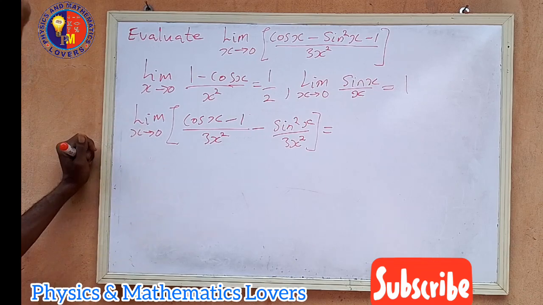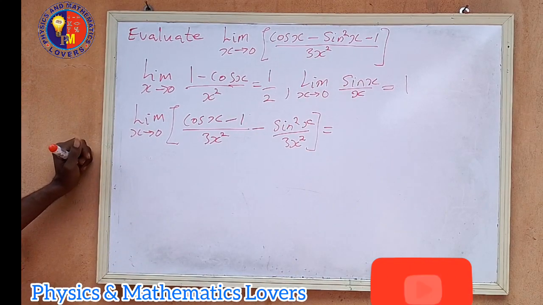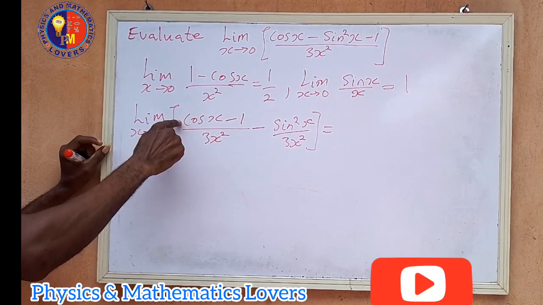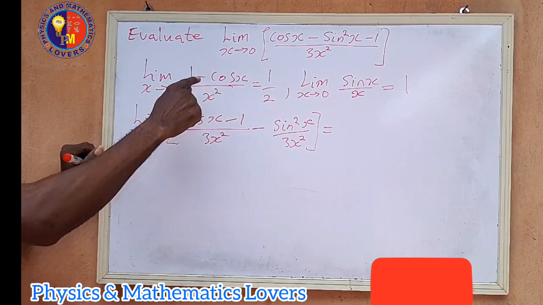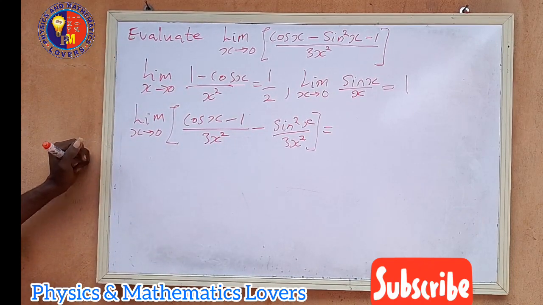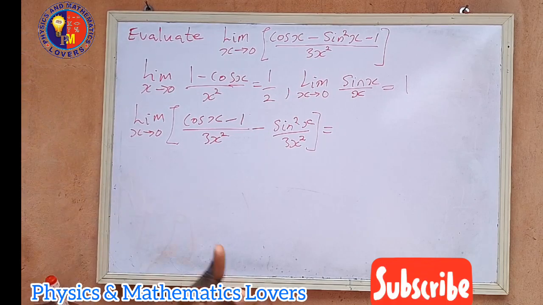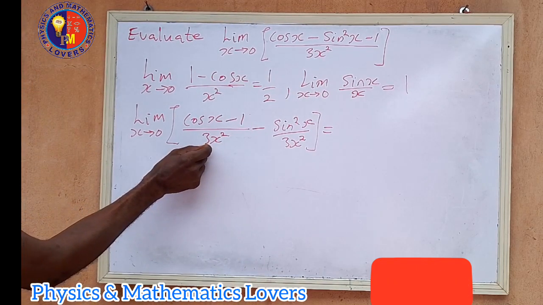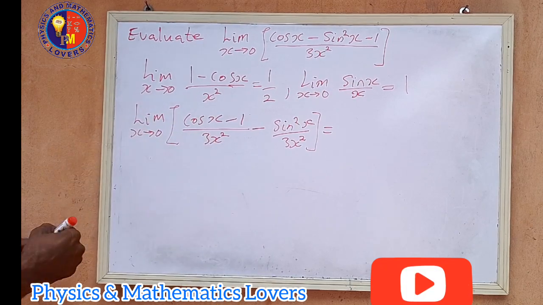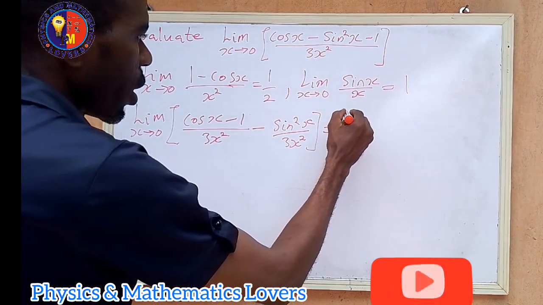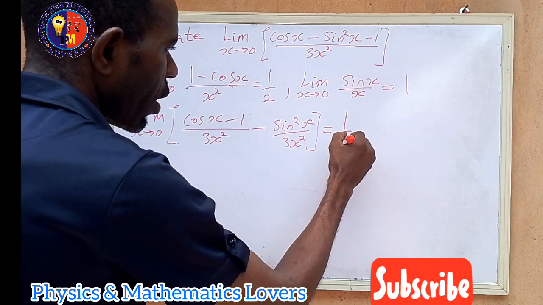I'm going to introduce a negative sign. When I introduce a negative sign, it means that the cos is going to take negative and this will become positive, and it can be rewritten as this. That is what I'm going to do now. But before that, I will have to factor out this 3 here as the denominator. I'm going to take it out, so I will take out 1 over 3.